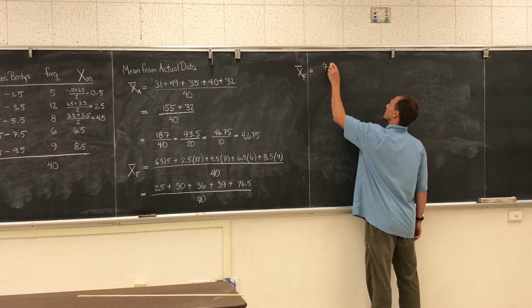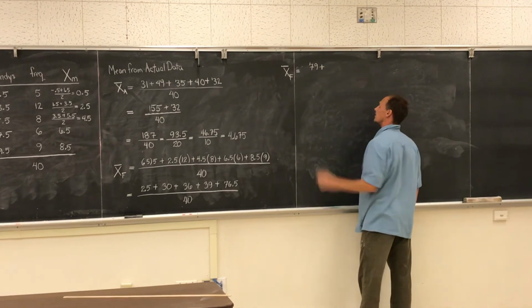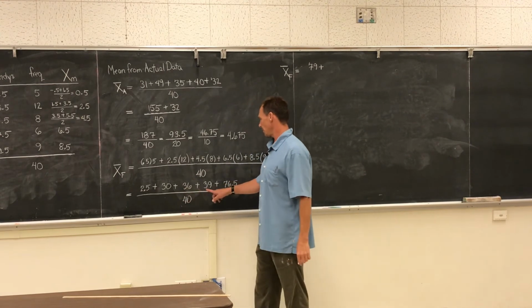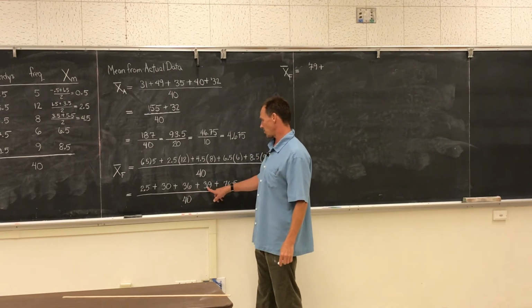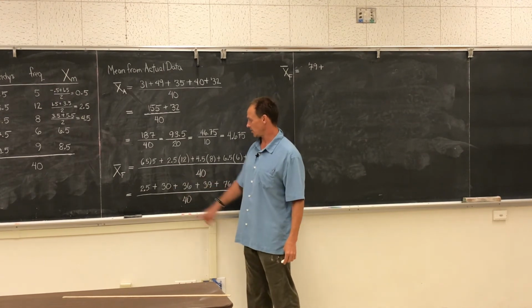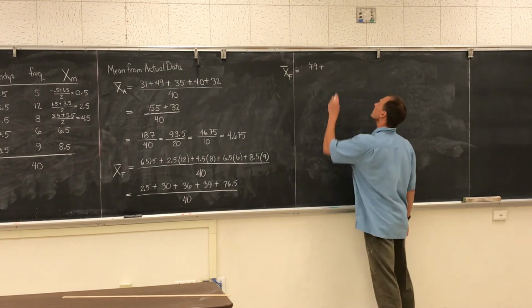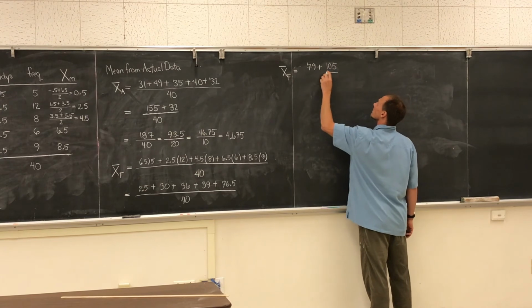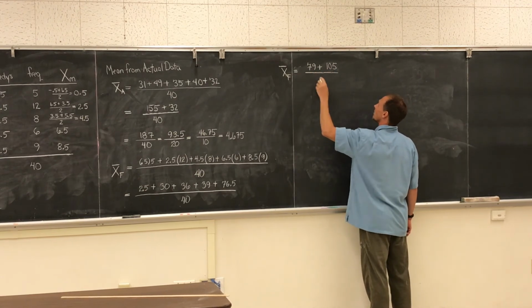I'm going to need to keep track of these a bit here. Plus, I think we can clean these up right here. 36 and 39 is 75, and 30 more is 105. And we're going to divide that by 40.